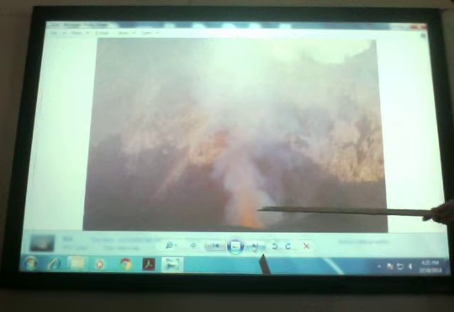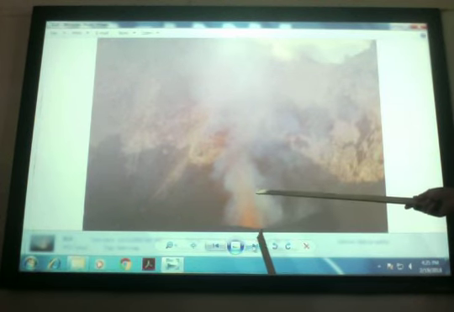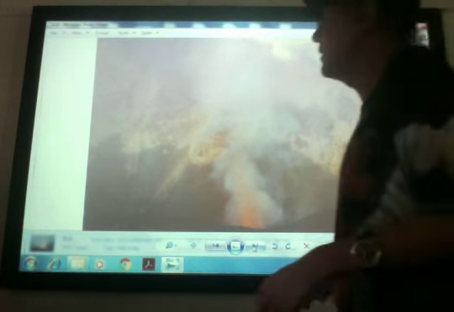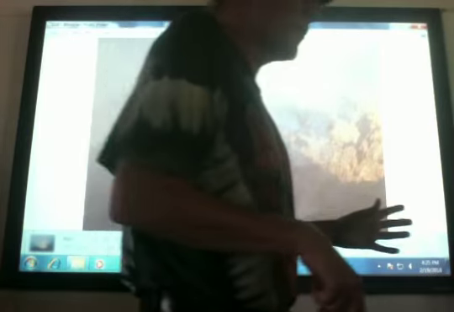So therefore it is actually better to use a helmet. That is inside Etna, that was in 1998, when I was still a student. It is now 20 years ago, and it is really very impressive.